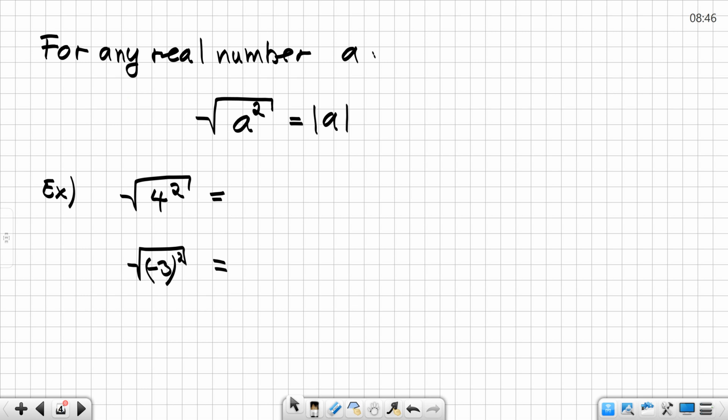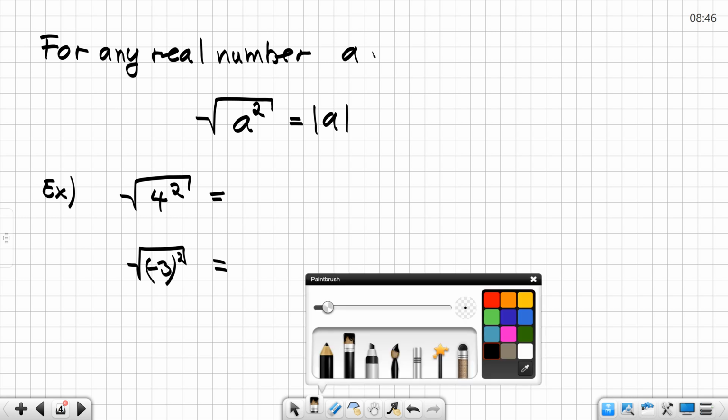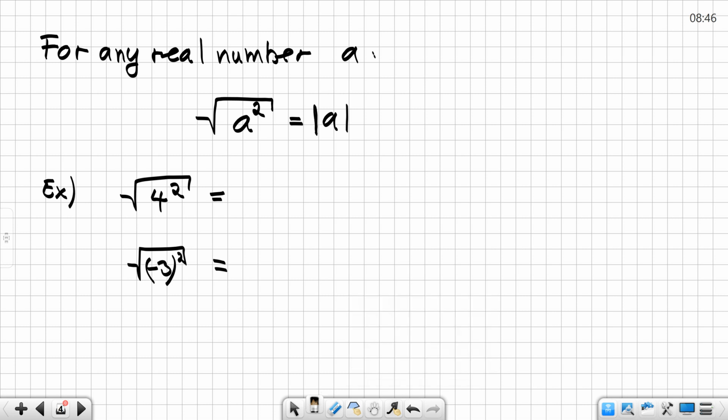All right. Now we are going to look at some special cases. The square root of a squared is equal to the absolute value of a. These bars right here, these mean the absolute value.